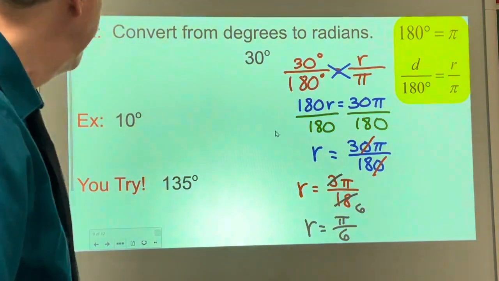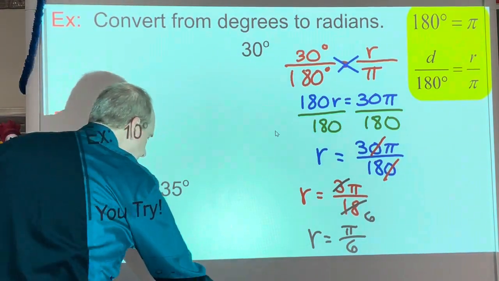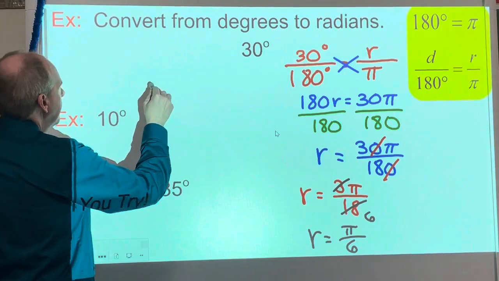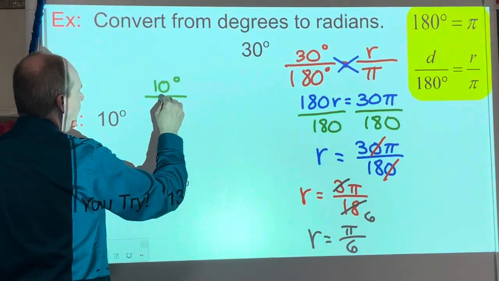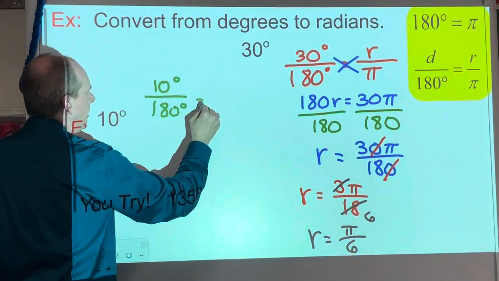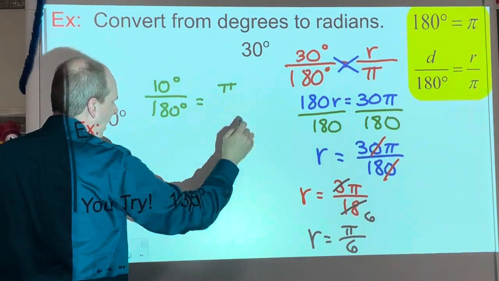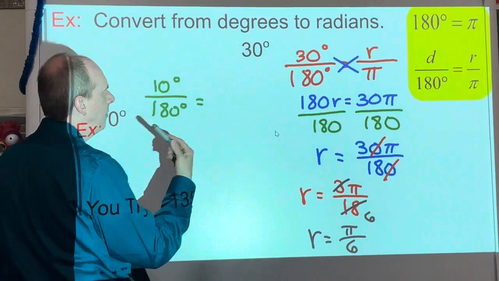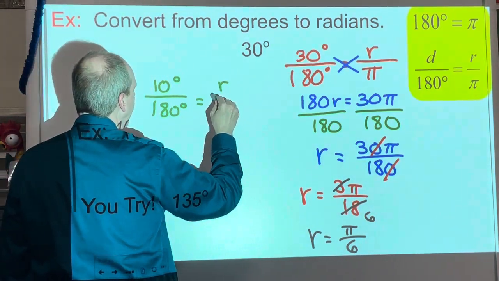All right, our next one. 10 degrees. It would be kind of chilly, 10 degrees. 10 degrees over 180 degrees equals r over pi. Don't you hate when your hand doesn't keep up with your mouth?